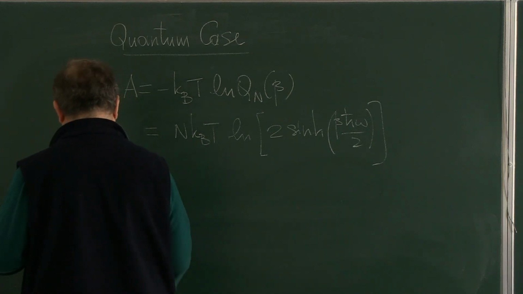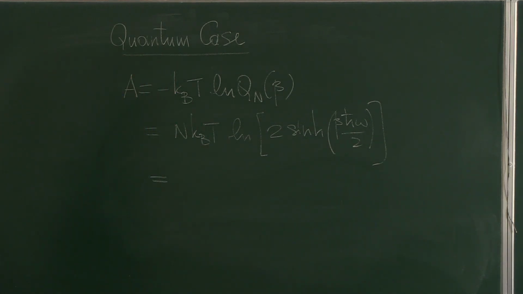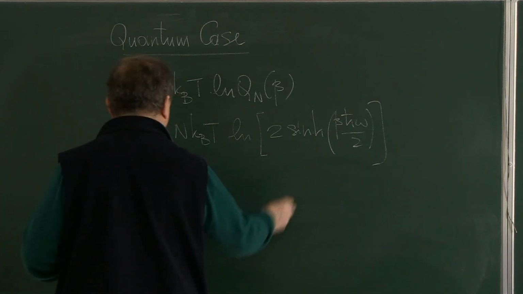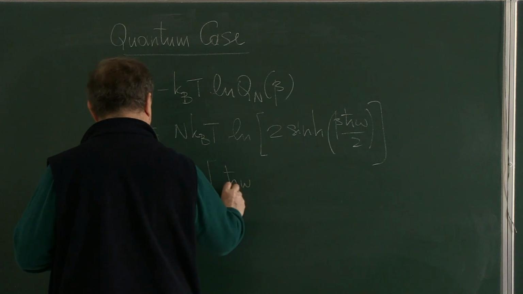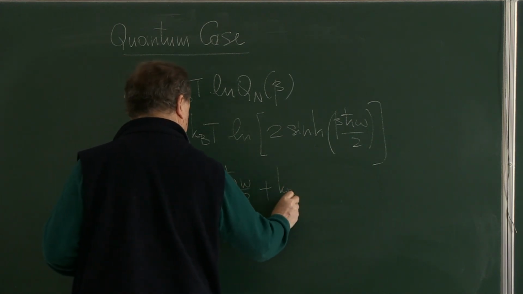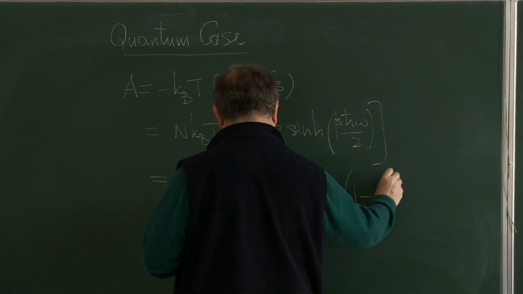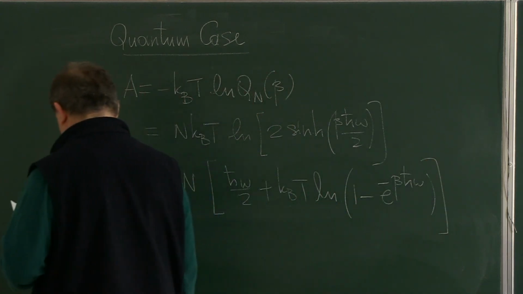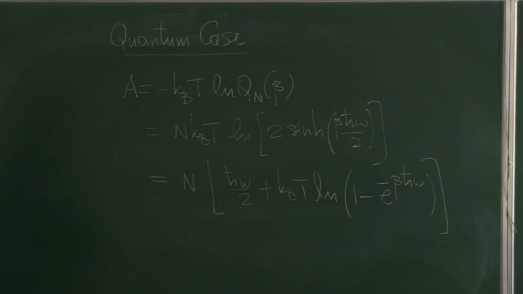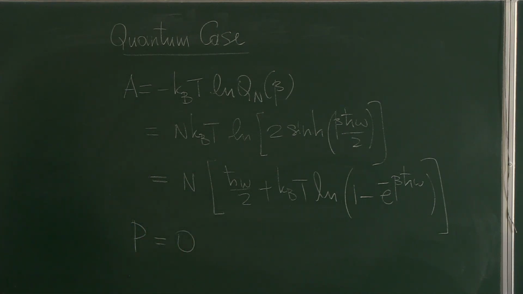You can rewrite, if you like, using the explicit exponential minus exponential, the definition of sinus hyperbolic, in the form, why don't you play with this? ln of 1 minus e to the minus beta h bar omega. Pressure is also 0 in the quantum case. I don't have to do it. Nothing depends on volume.